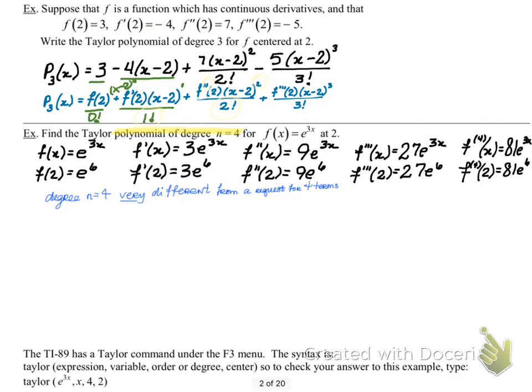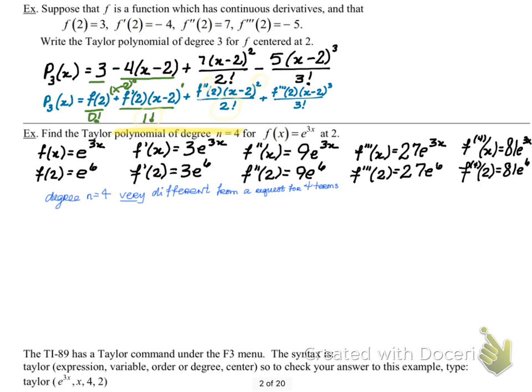On this next example, you're going to create a Taylor polynomial of degree n equals 4 for f of x. So we go ahead and find our function at 2, our first derivative, our second derivative, our third derivative, and our fourth derivative at x equals 2. It is really important to note that they are asking for a polynomial of degree 4.